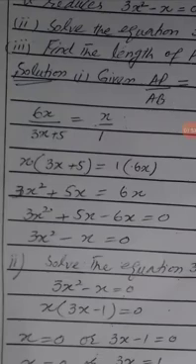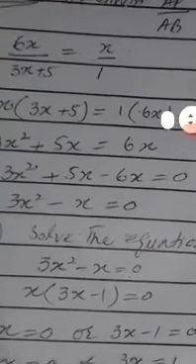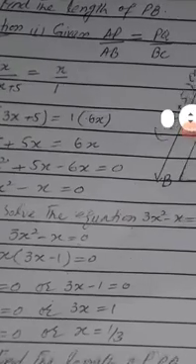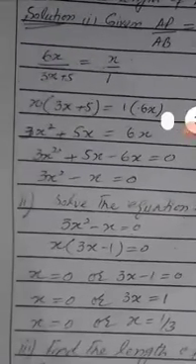Now by cross multiplying, x multiplied with 3x plus 5 and 1 multiplied with 6x. x multiplied with 3x will be 3x square, and x multiplied by 5 will be 5x, is equal to 6x. 3x square plus 5x minus 6x is equal to 0. 3x square minus x is equal to 0. So this is our required answer.